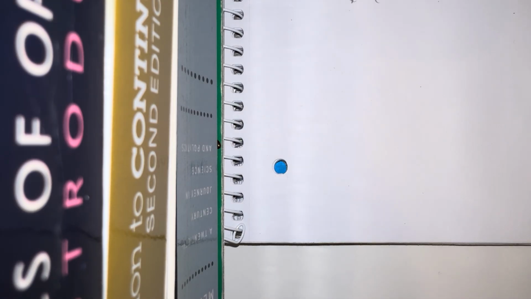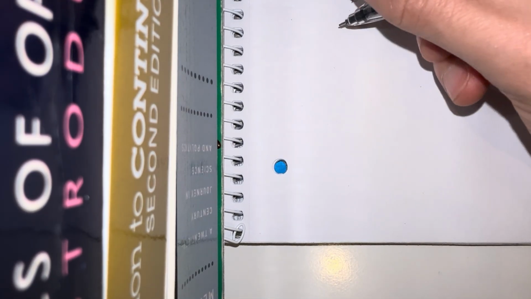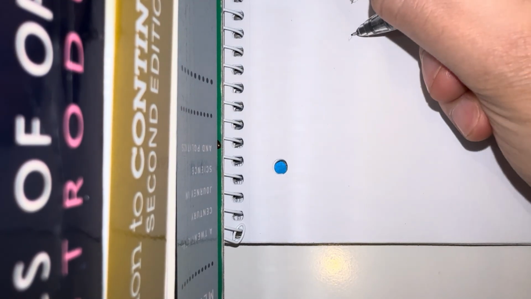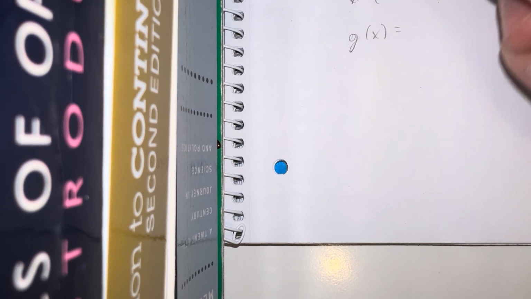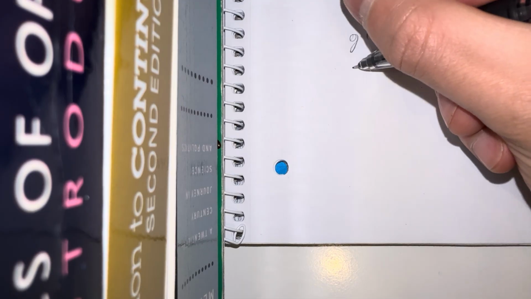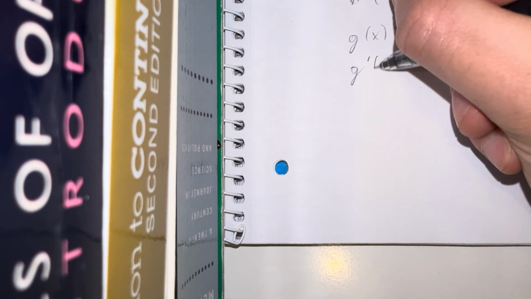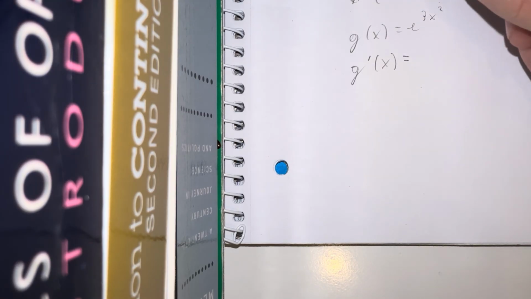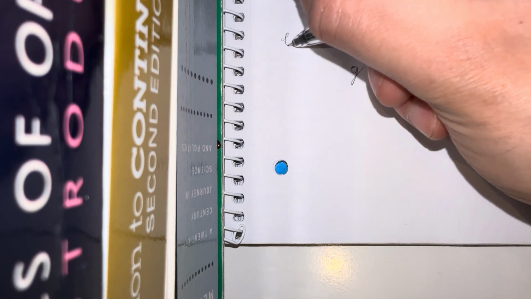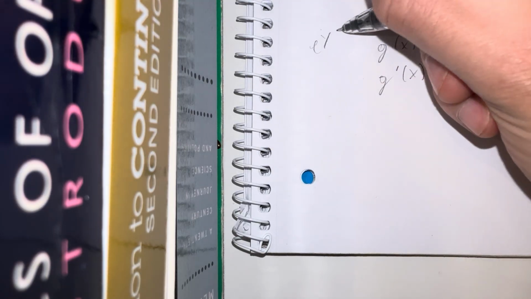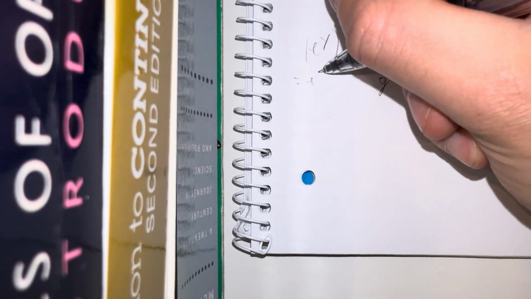When we're doing the derivative now, we need to do two derivatives. So we have g sub x is equal to e 3x squared. First, what happens when we do this derivative? It remains, it becomes exactly the same.